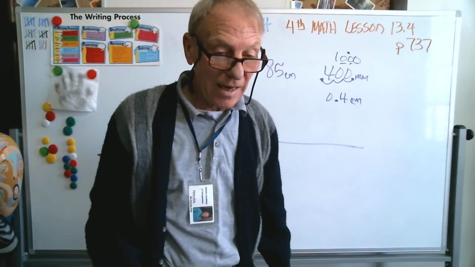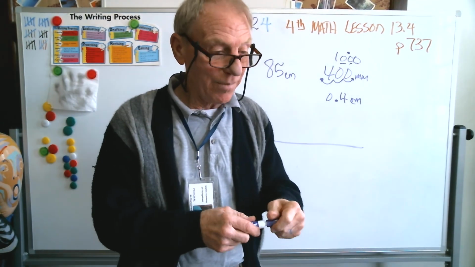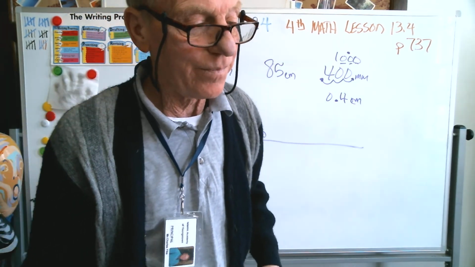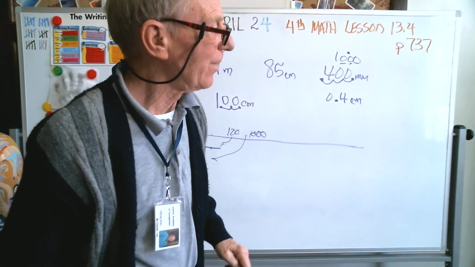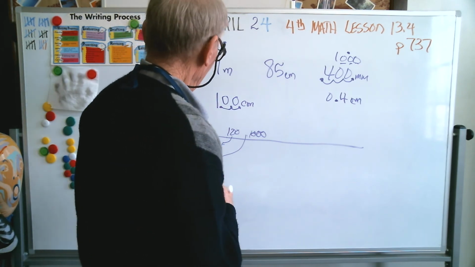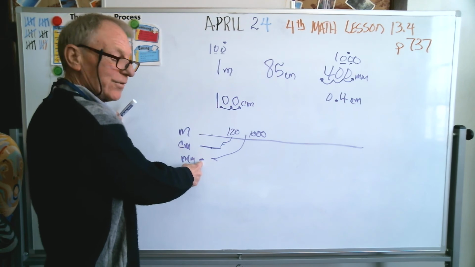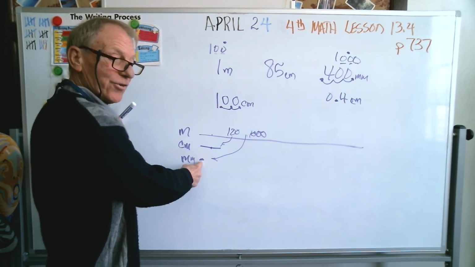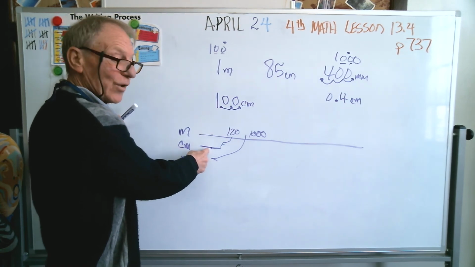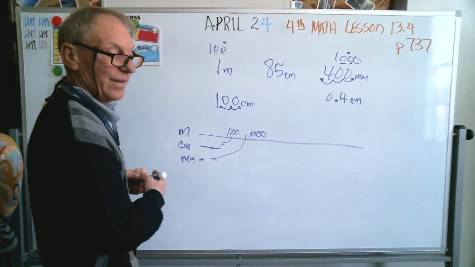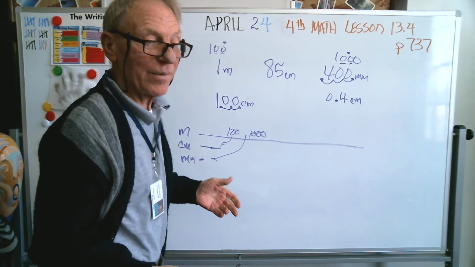I just know that's got your brain all scrambled up. It's like thinking about if this is an inch, this is a foot, and this is a yard. Then you might be able to understand.